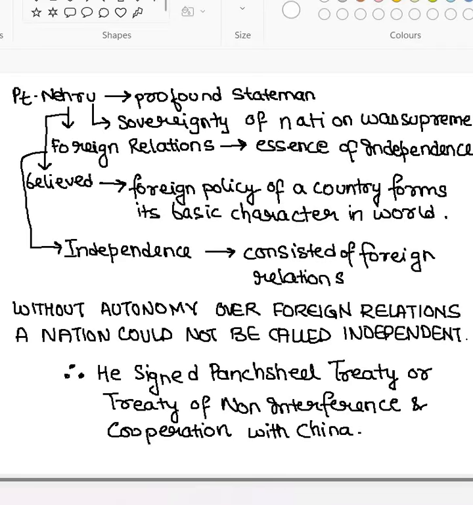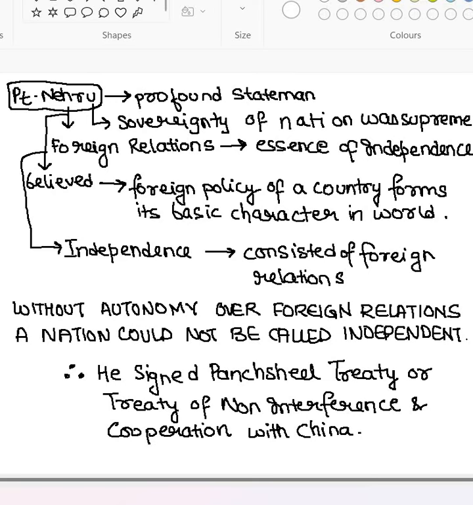Okay. Now, another important question which comes is that we know that Jawaharlal Nehru ji was the Prime Minister and the Foreign Minister between 1946 to 64. Now, the question is, why did Jawaharlal Nehru regard conduct of the foreign relations as an essential indicator of independence? पंडित नेहरू जी हमेशा ये बोला करते थे कि फॉरेन रिलेशंस पे अगर आपकी कमांड है, अगर फॉरेन रिलेशंस आपके अच्छे हैं तो वो आपके इंडिपेंडेंस का एक बहुत ही अच्छा और बहुत ही स्ट्रॉन्ग इंडिकेटर है.